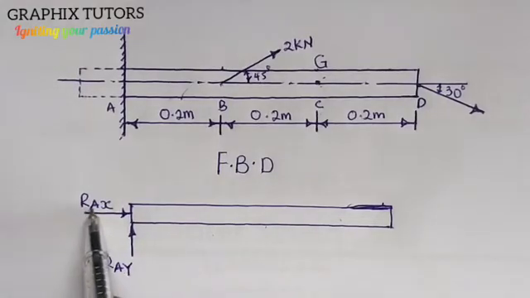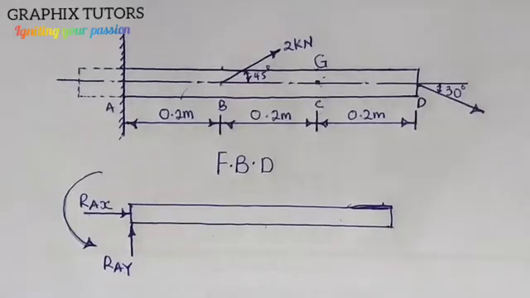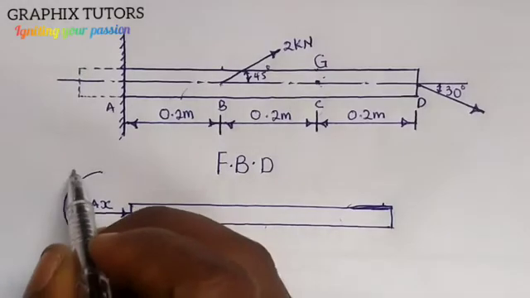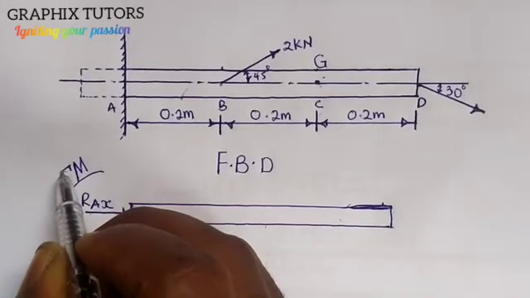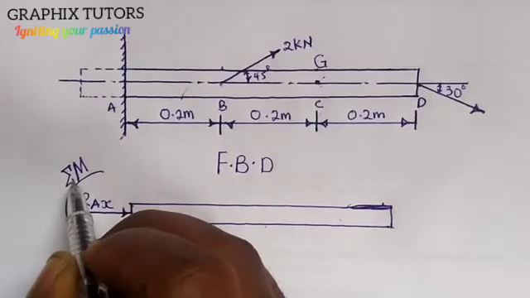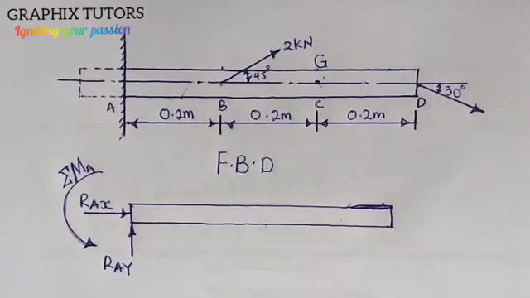That is the reaction at point A along the x-axis. The third reaction will be like this, which will be the moment. I'll call it the summation of moment about point A. These are the three reactions.